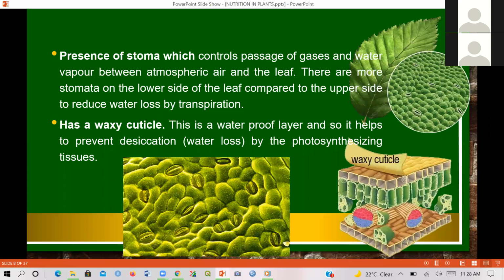And you realize that when you smear yourself with jelly, you feel some sort of relief. Why? It is because that jelly is going to block moisture from coming out of your skin to the atmosphere. So that is the same principle that these plants use. Only that for them, they have their natural petroleum jelly, which is that waxy cuticle.